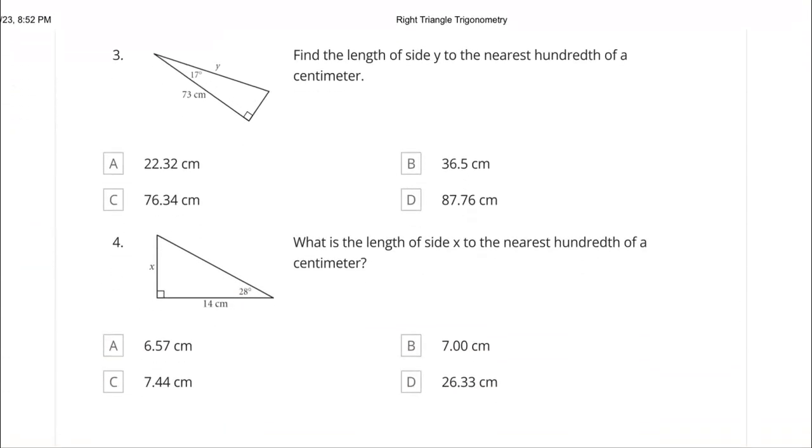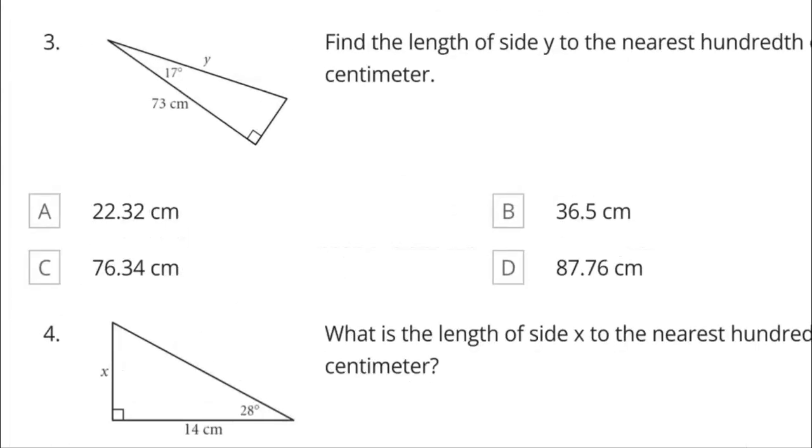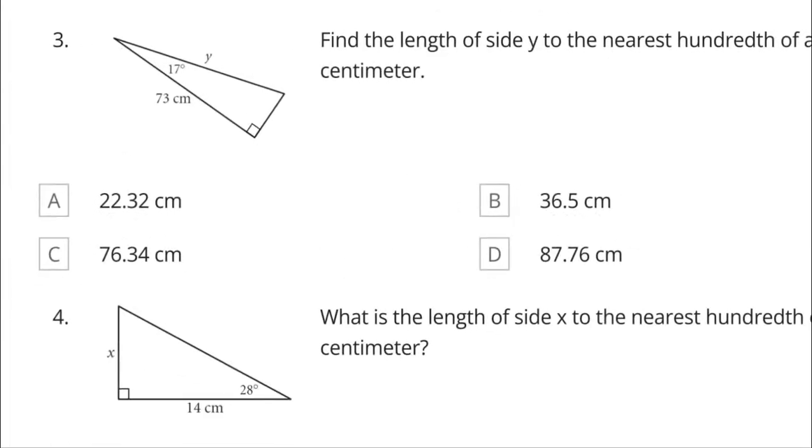Find the length of side Y to the nearest hundredth of a centimeter. Okay, so let's look at this. I have the 17-degree angle, and side Y is across from the right angle, therefore it is the hypotenuse.